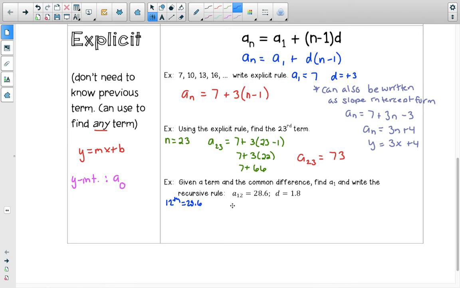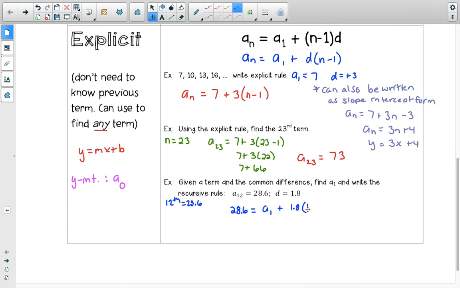So if we write out that the 12th term, 28.6, is equal to, because that's our a sub n, a sub 1, because we don't know that value, plus, we know our common difference is 1.8 or 1 8/10 times, well, if the 12th term is replacing our n, then the 12 also has to replace this n as well.